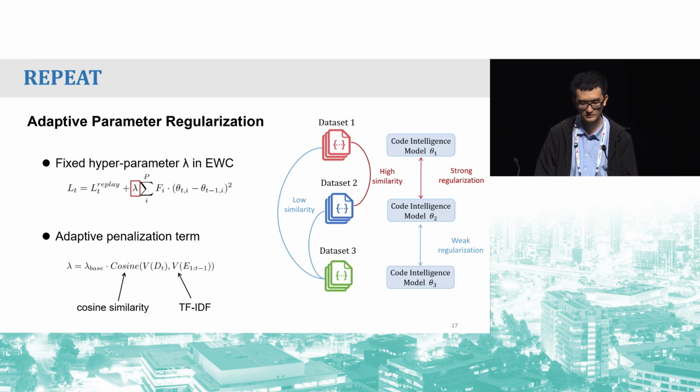Here we assume that if two datasets are very similar, a strong regularization on the parameters should be applied, and vice versa. Therefore, we propose to first measure the similarity of the current dataset and the saved examples by TF-IDF and cosine similarity, and then use it to substitute the original fixed hyperparameter lambda in EWC.